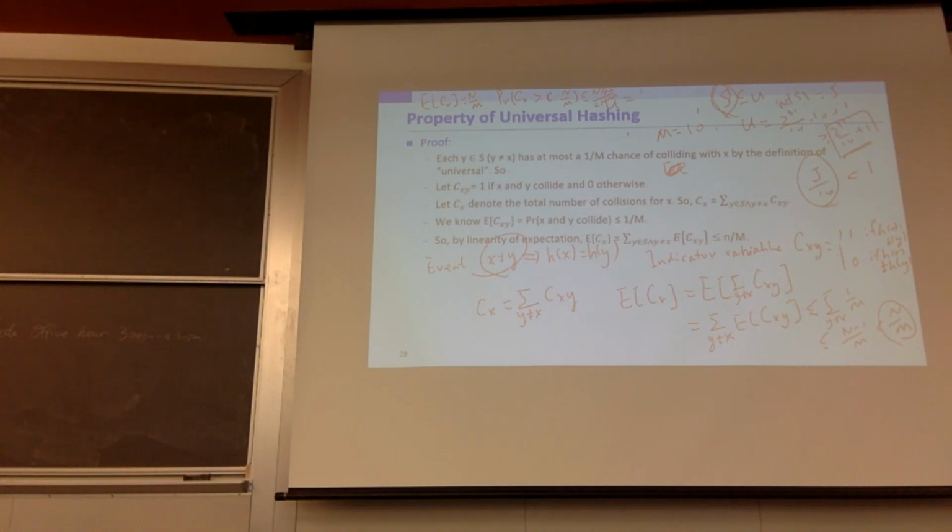Since you have an expectation of only n over m in one particular bucket, the number of elements in that bucket is not going to exceed this expectation by too much because of this Markov argument. And this is with high probability, right?